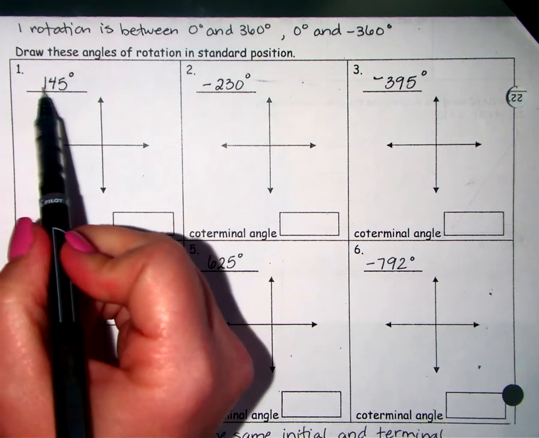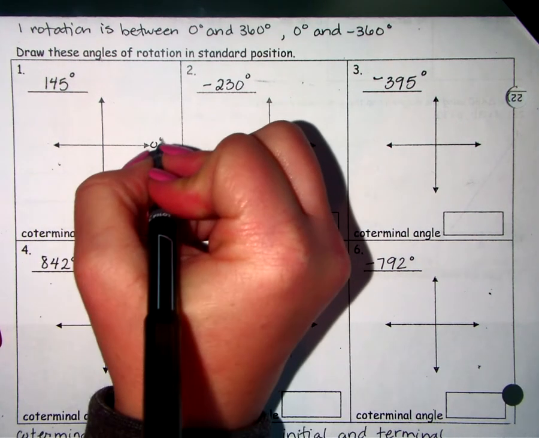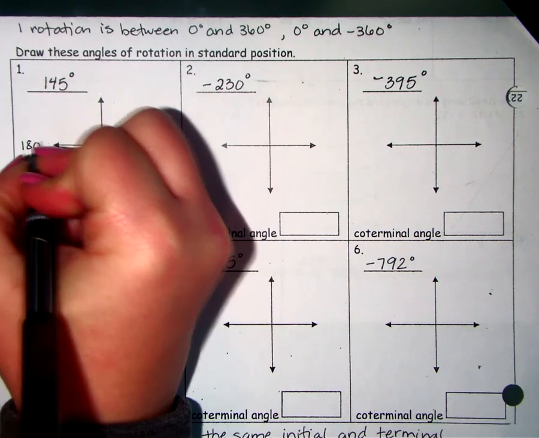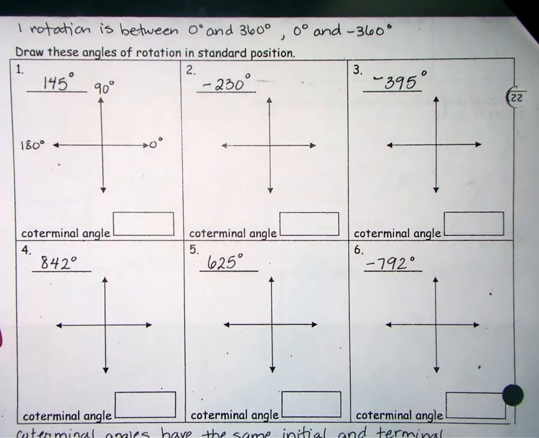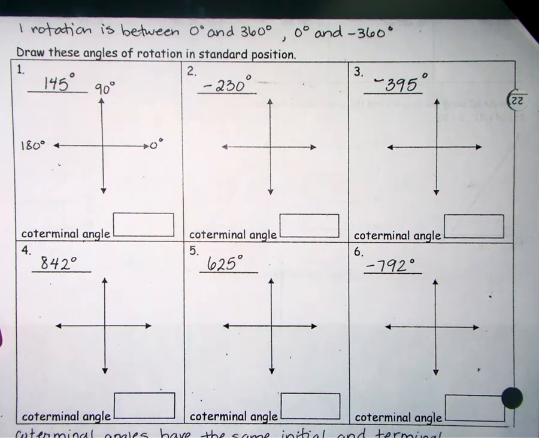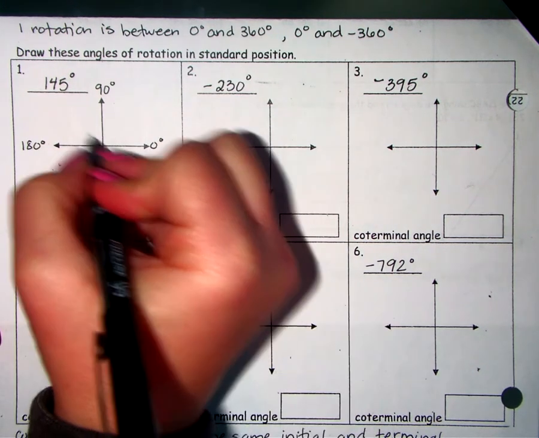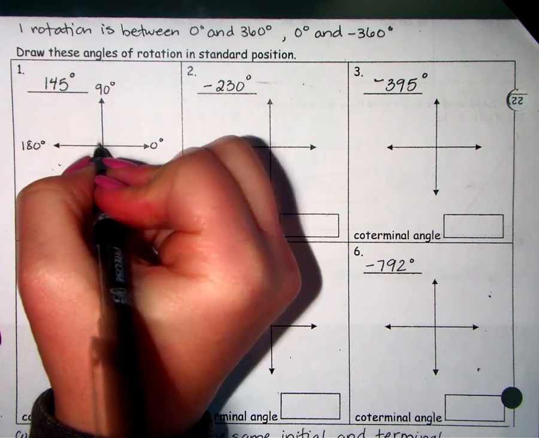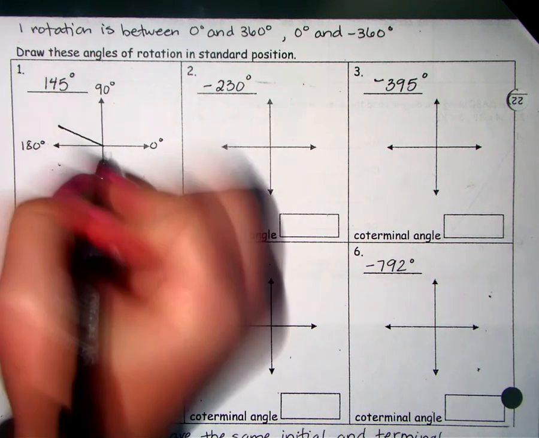So 145 degrees, if this is my 0 degrees and this is 180, we can label different areas of this axis to see where 145 would terminate. Right about here is about 135, so it appears to be approximately right here.